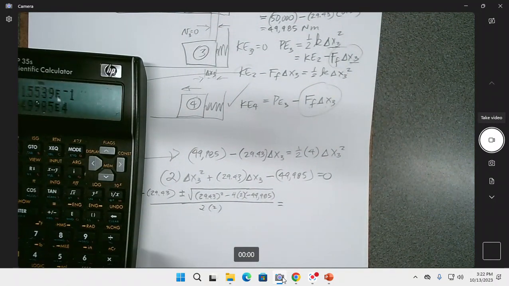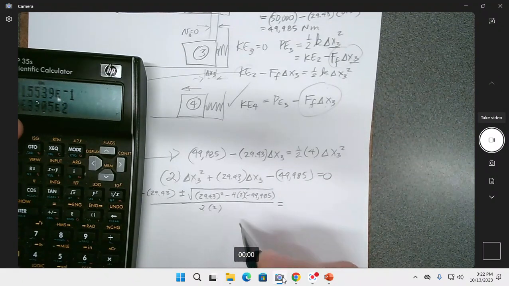I used to hate this so much, but I got used to it. 4 times that, so it's 8 times that, and then 29.43 squared, and we're going to add them together and square root them.